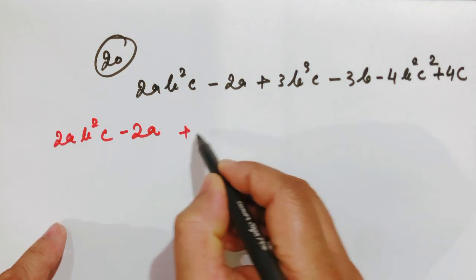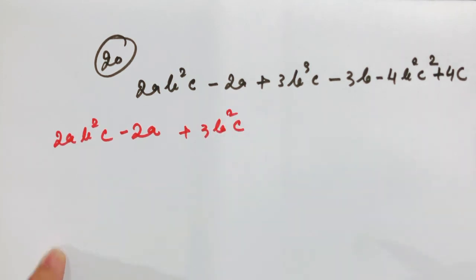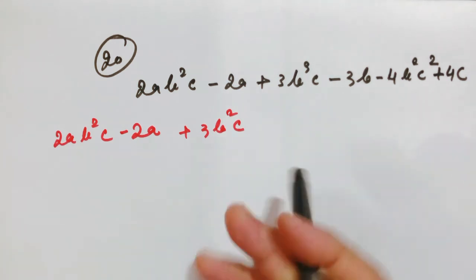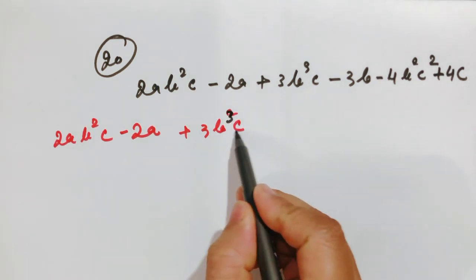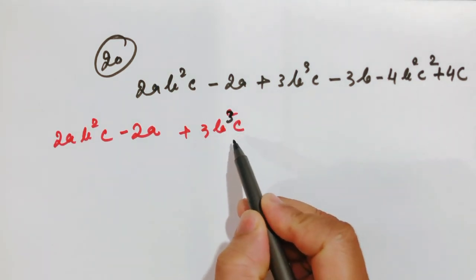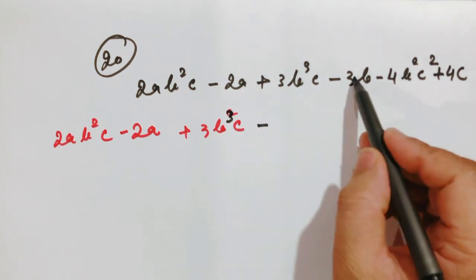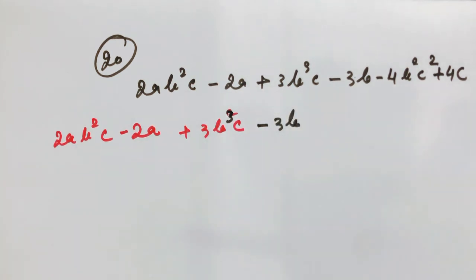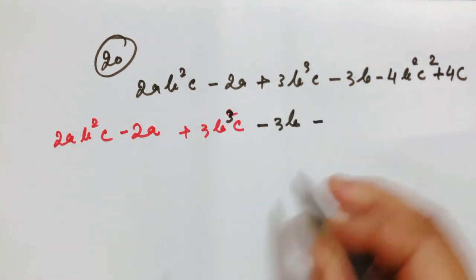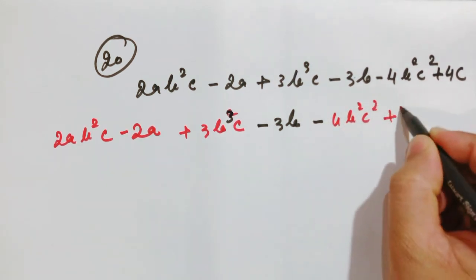Similarly, plus 3b cube c minus 3b. अच्छा, this is quite easy. Minus 4b square c square and plus 4c.